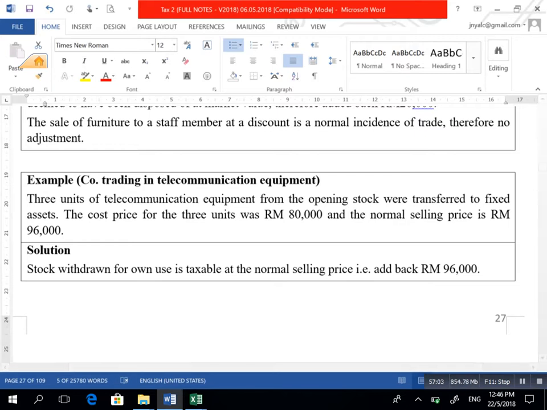What does that mean? From stock, you transfer to fixed asset for office use, correct? Because for office use it becomes a fixed asset already. The cost price for these 3 units is 80,000, but the normal selling price is 96,000. So the solution: add back 96,000 market value. Again, this is for own use, for office use, so add back 96,000. Okay, last example to go.